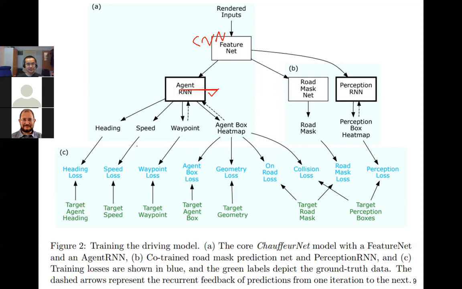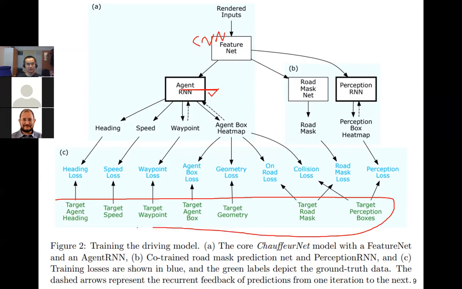The difference between the actual and expert heading, and difference between the speed and the target speed, waypoint and target waypoints, agent box heat map and target agent box, and so on. So it's supervised learning. So all these green parts are known from the expert driving log. So you're trying to mimic the expert.